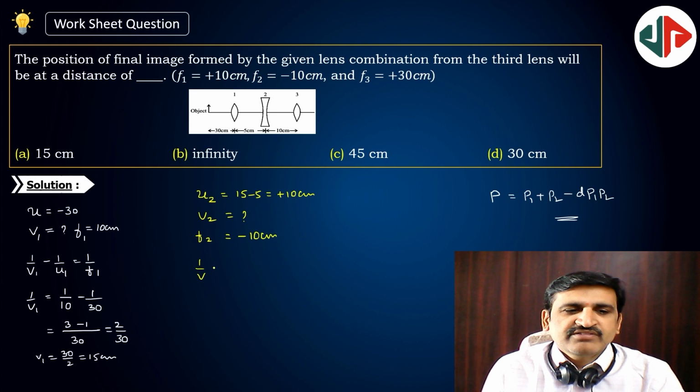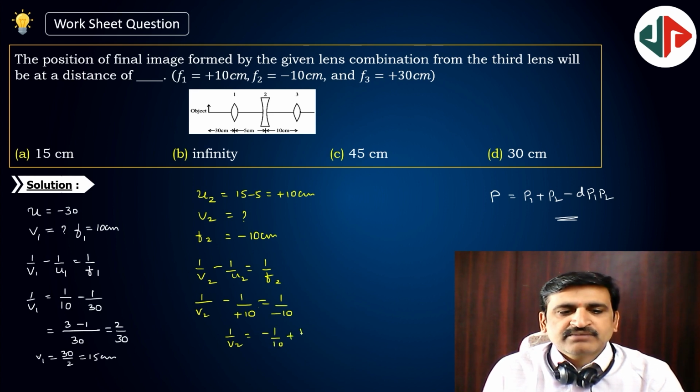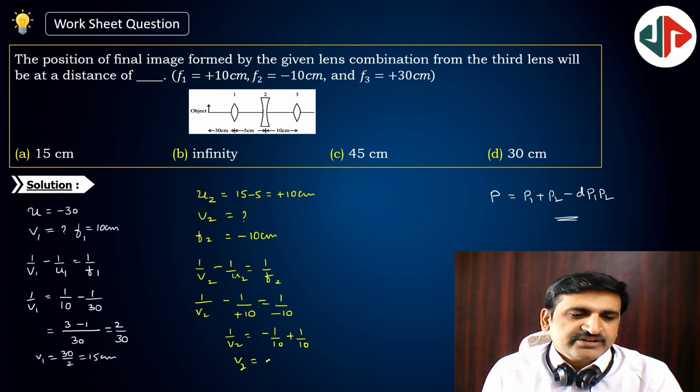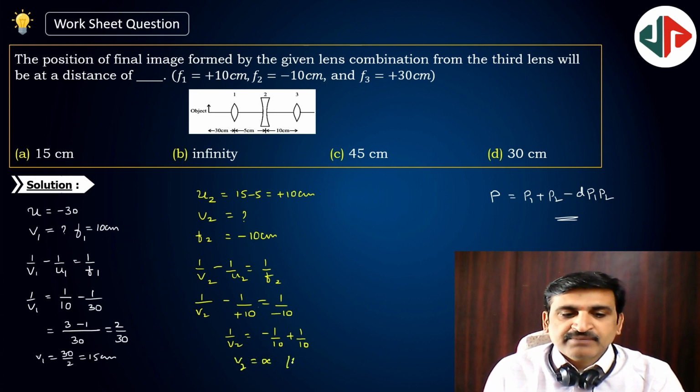So 1 by V minus 1 by U is equal to 1 by F2. So 1 by V2 we have to find, minus 1 by U2 10, that is equal to 1 by minus 10. So 1 by V2 is equal to minus 1 by 10 plus 1 by 10. So it will be 0. So V2 is infinity. That means final rays are parallel.